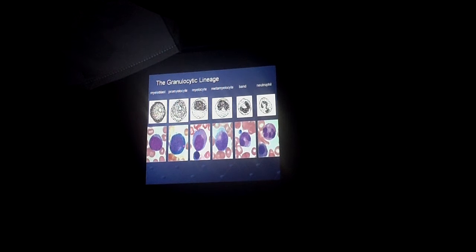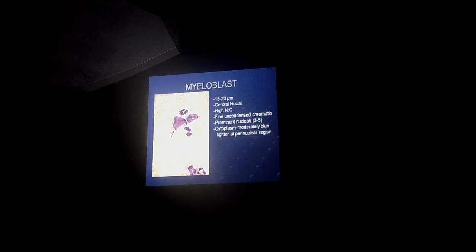So, it will show violet to blue colored granules in its cytoplasm. Because the granulocytic cells are called granulocytes because of the presence of granules in their cytoplasm. Now, particularly for the promyelocyte, it will contain only one type of granules. So these are the azurophilic granules.